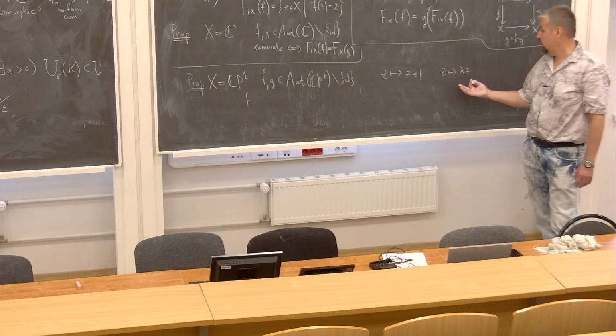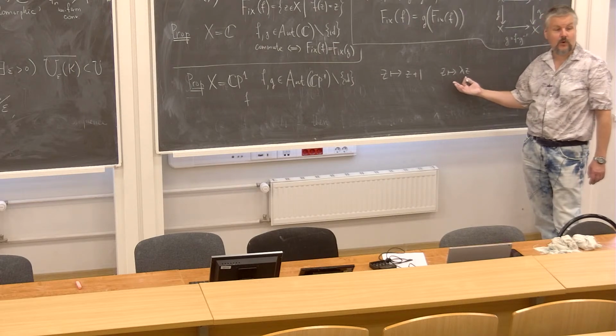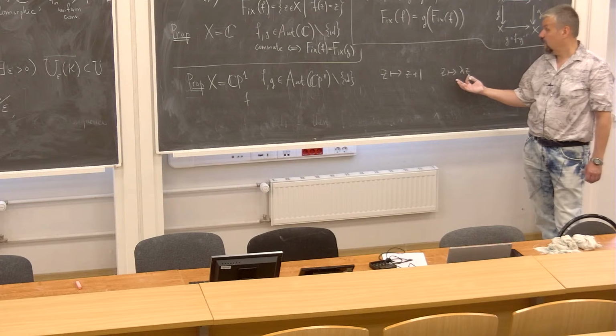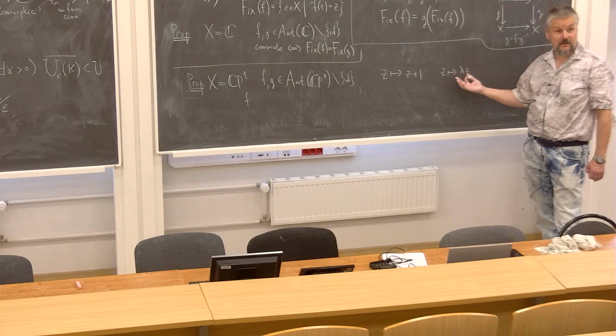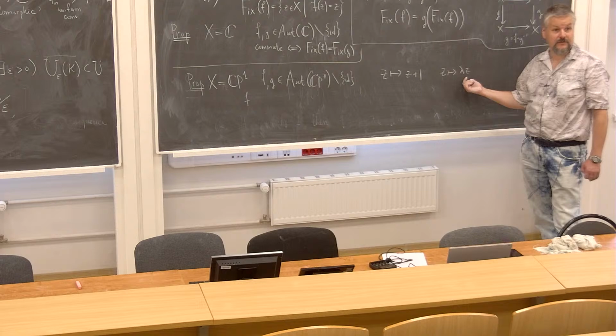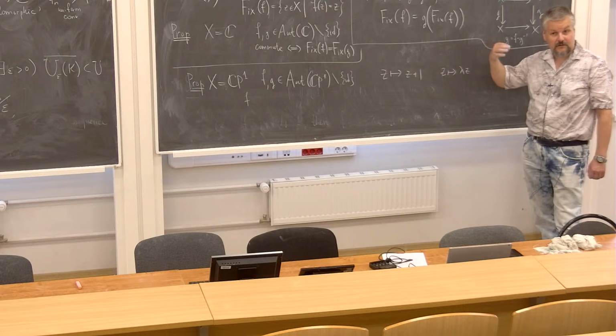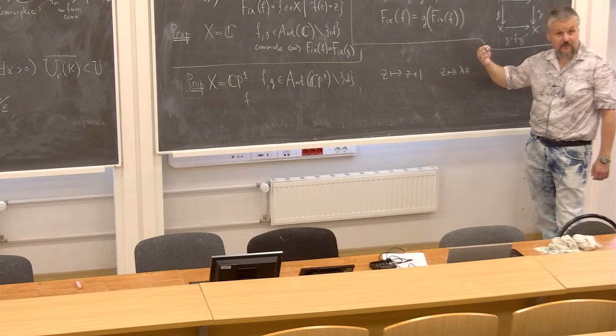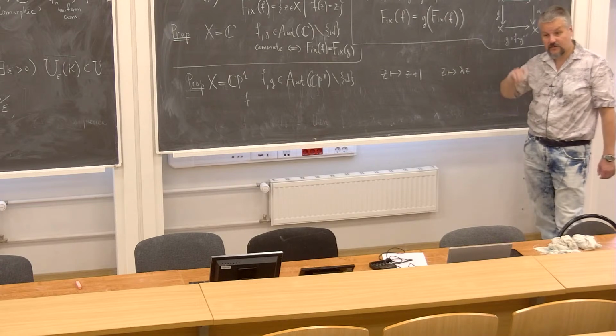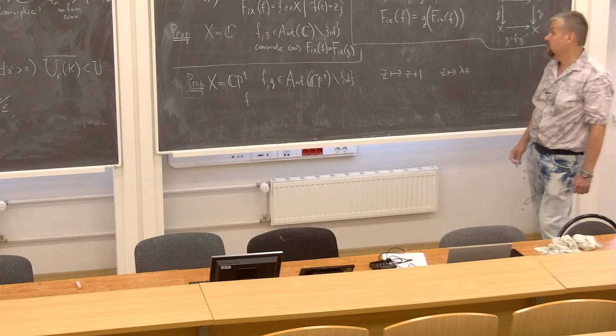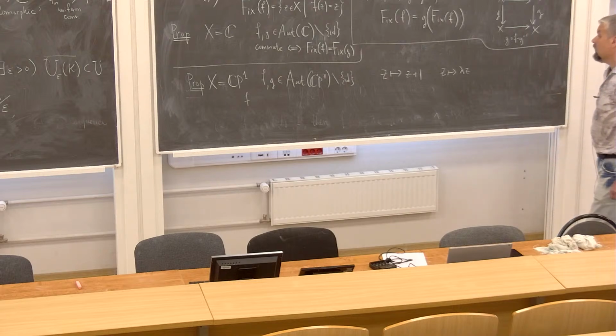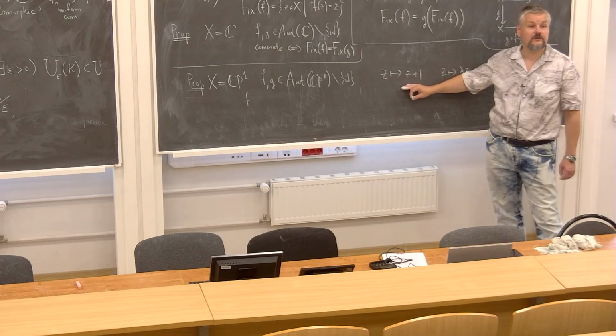So if the modulus of lambda is not 1, then among the two fixed points, one is repelling and one is attracting, in the sense that all orbits different from the two fixed points converge exponentially fast to the attracting fixed point and go away exponentially fast from the repelling one. Well, if the modulus of lambda is 1, this is just a rotation, and this is also clear. For this example, all points converge to infinity.